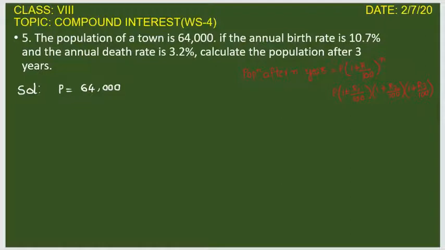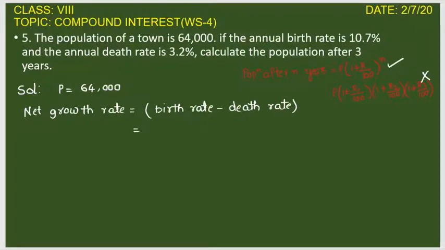This formula cannot be applied here, children, because it should be applied only if different rate percents have been given for different years. But here annual birth rate and death rate are given for the same year, not for different years. That's why we cannot apply this formula, and we have to apply this formula, that is P into (1 + R/100) whole power n.